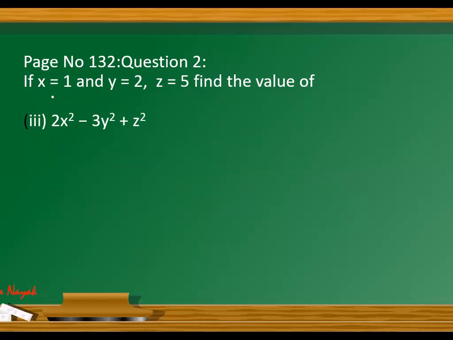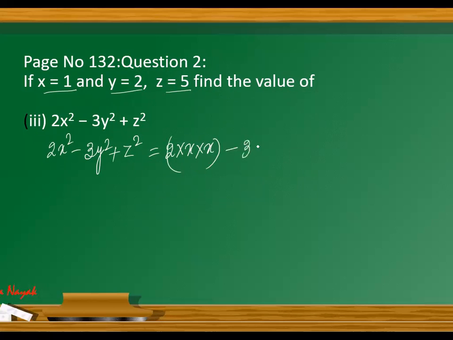Next. x is 1, y is 2, z is 5. Find the value of 2x squared minus 3y squared plus z squared. So 2 square of x minus 3y square plus z square is equal to 2 into how many times x? 2 times. Next minus 3 into y how many times? 2 times. Plus z how many times? 2 times.